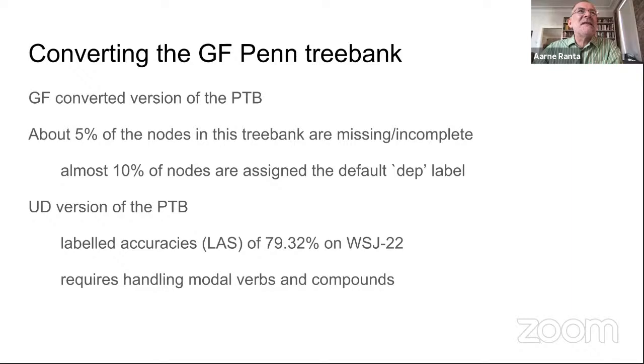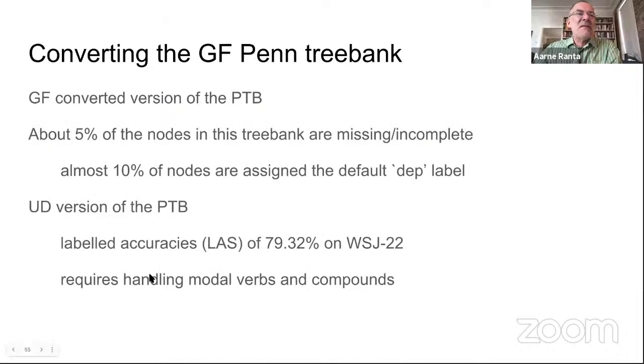Prashant also did an experiment with converting the GF Penn Treebank that Krasimir had created long ago, with interesting features. The match with the standard dependency tree bank created from the Penn Treebank was almost 80%.